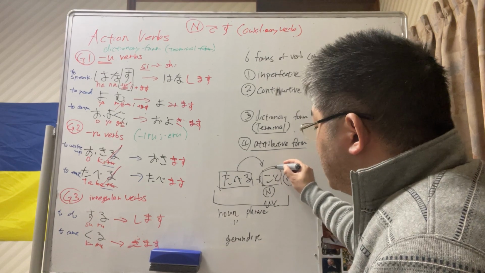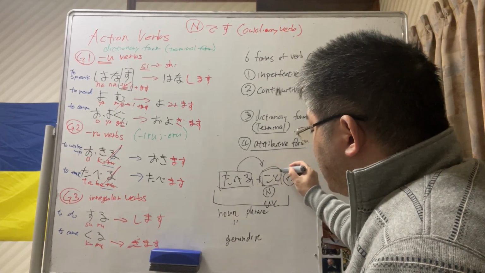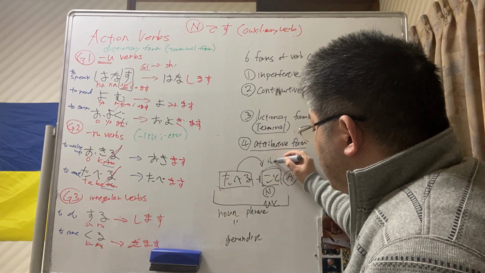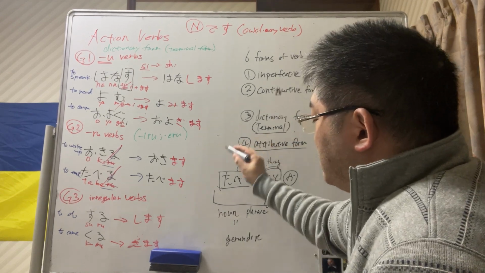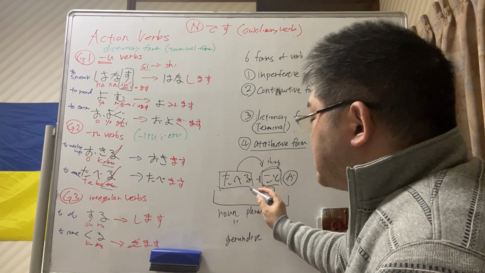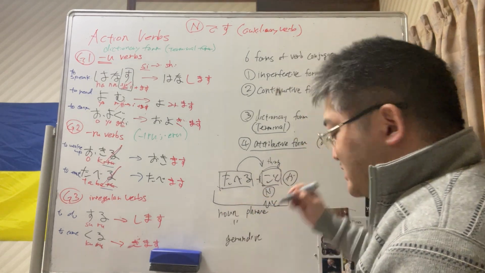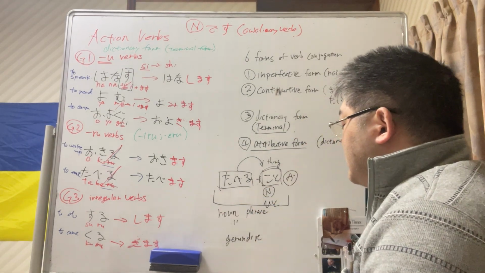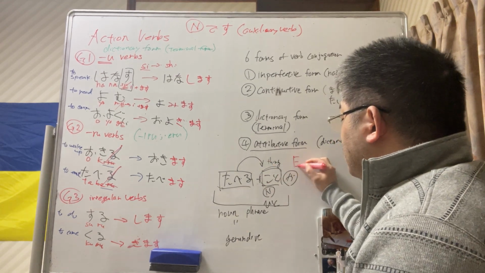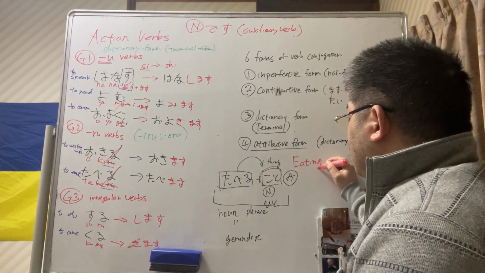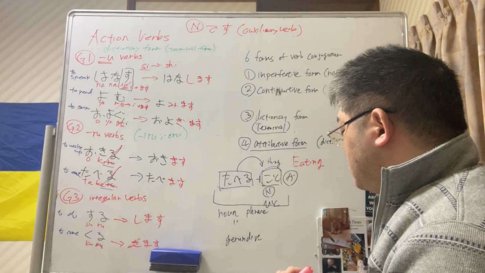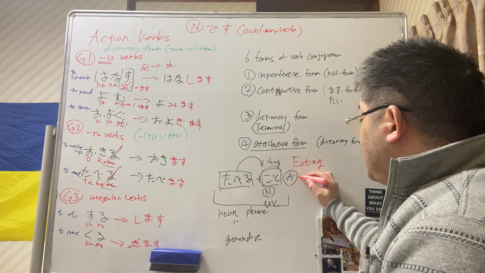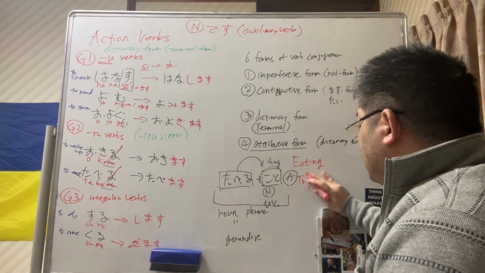koto is a noun. So this koto is a thing or event, and a thing that eats. I don't know. It's like eating. Basically, 食べること. Okay, so they say eating, so it's the same as to eat.